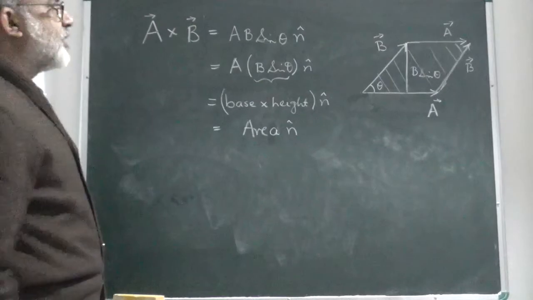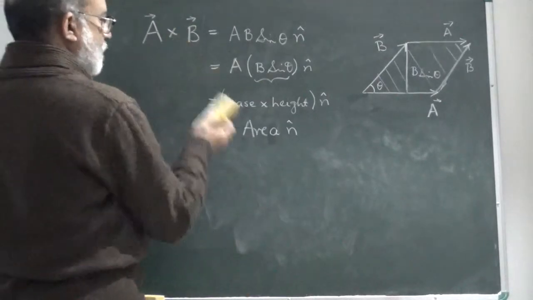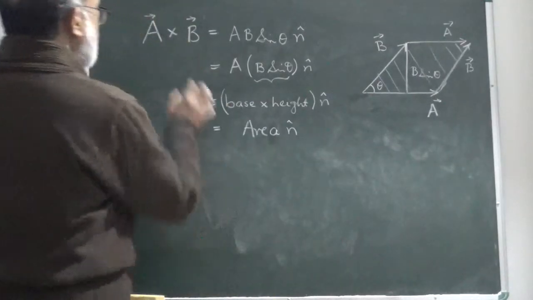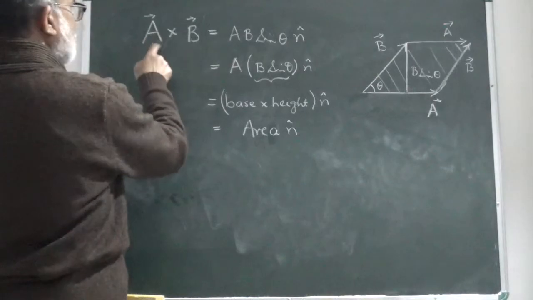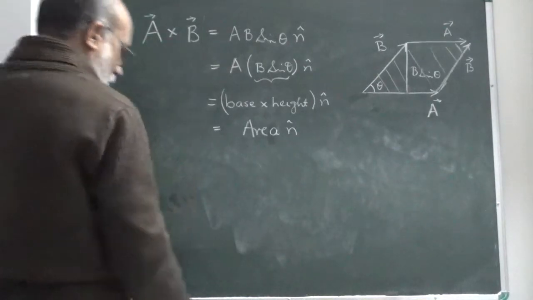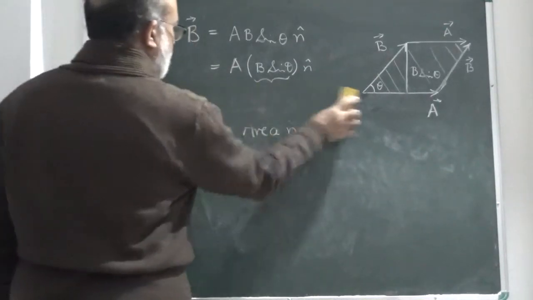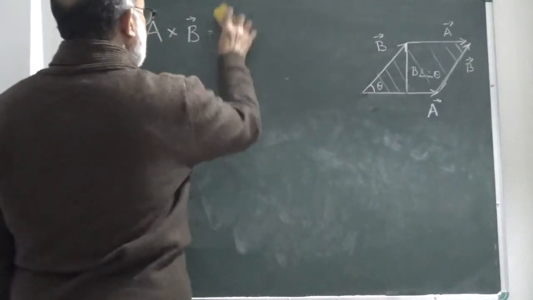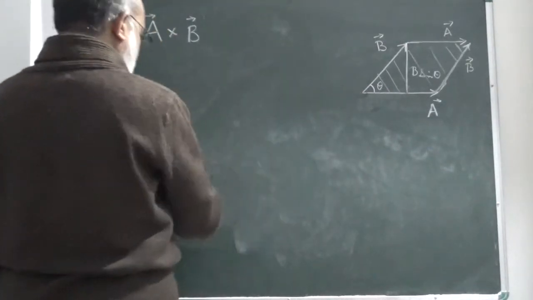So the meaning of A cross B is equal to the area formed by the parallelogram with the vectors A and B. Now suppose we have A cross B dot C.